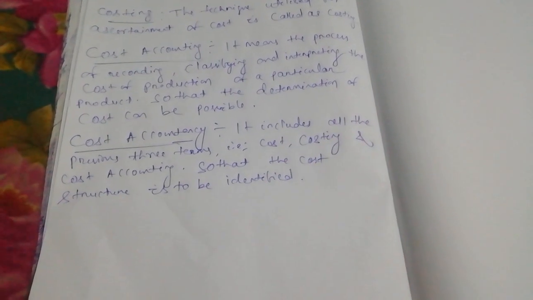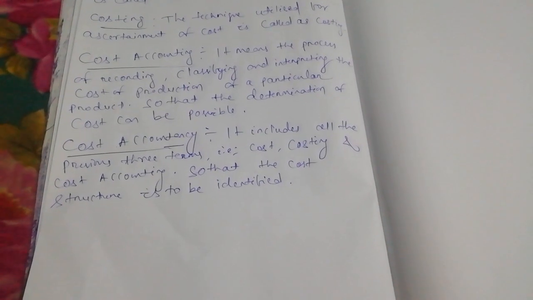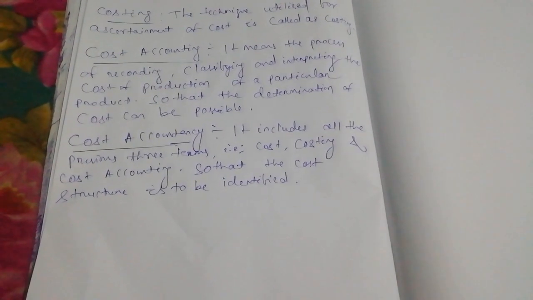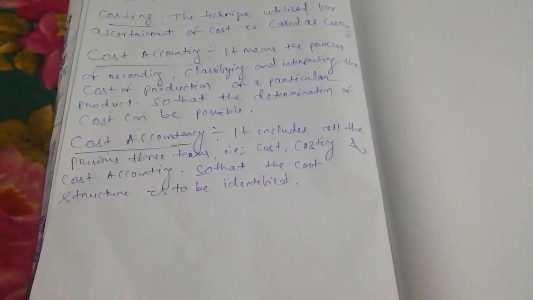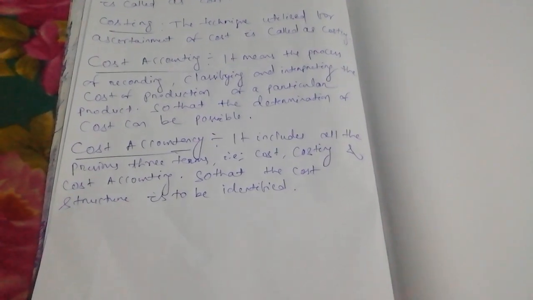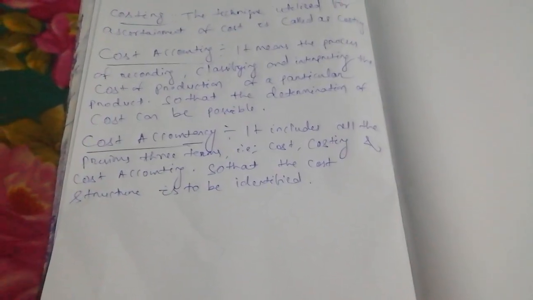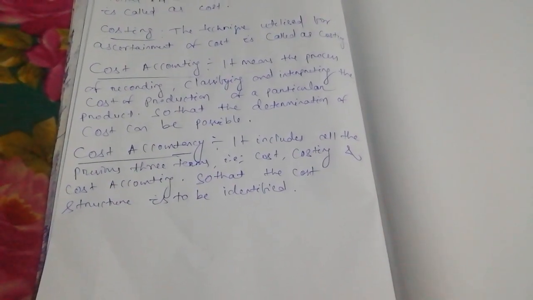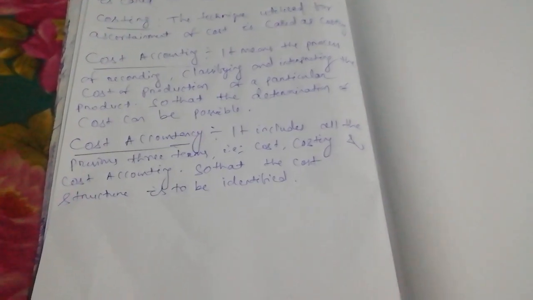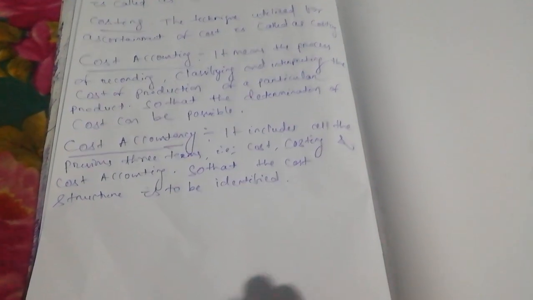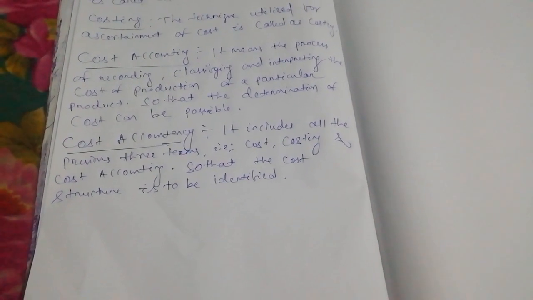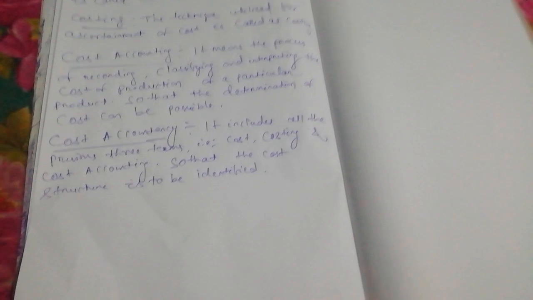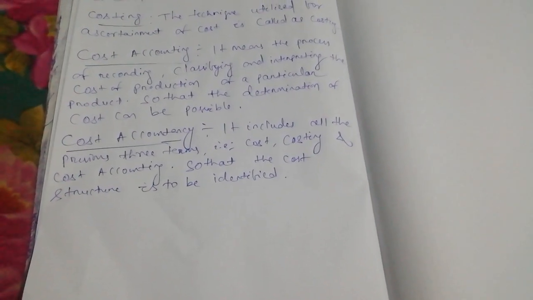Understood? Cost accounting and cost accountancy are similar terms but different, because cost accounting is a part of cost accountancy, but cost accountancy is a global term. All the costing and cost accounting are to be included in this cost accountancy. Understood?